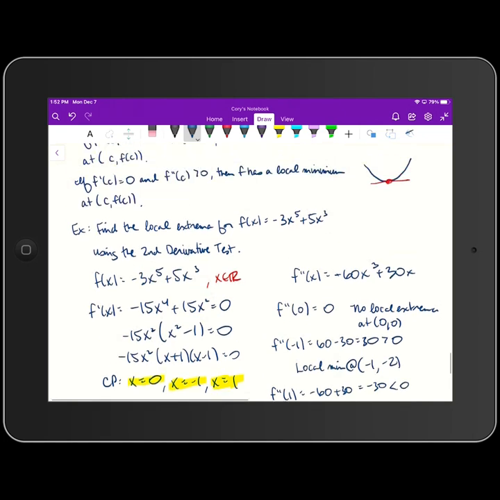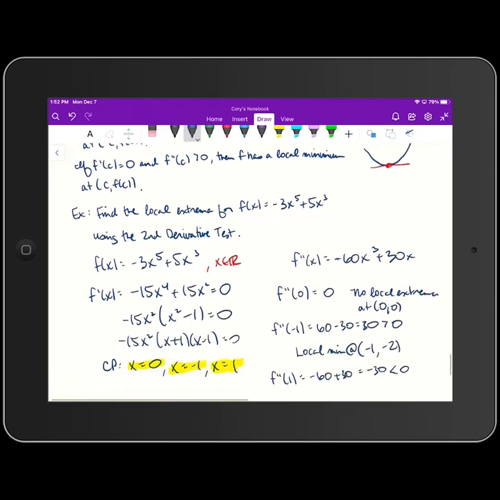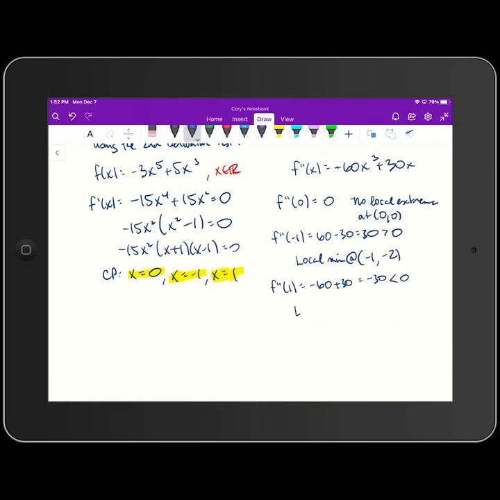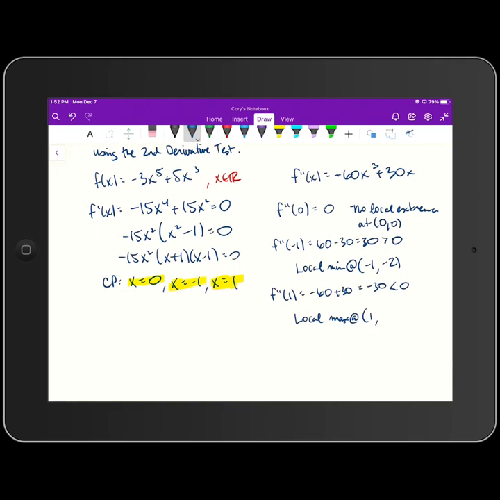If we have a horizontal tangent on a graph that's concave down, that tells us we have a local max. The x-coordinate of the local max is 1, and then we can plug 1 into the original function to get the y-coordinate. That's negative 3 plus 5, which is 2.